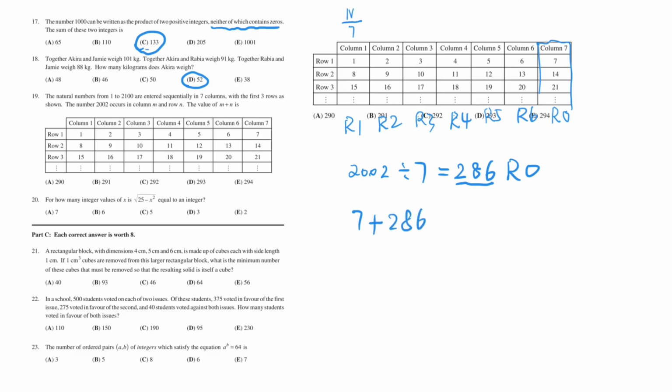That's row 286 and column 7. 7 plus 286 equals 293. So M plus N equals 293. Therefore, the answer is D.